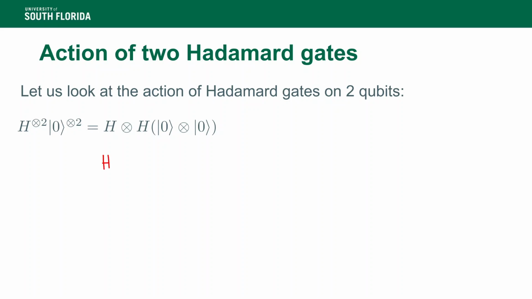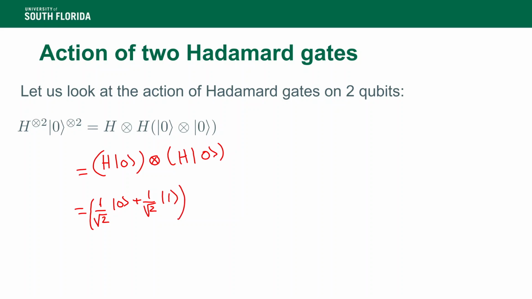I get H|0> tensored with H|0>, and that is 1 over square root 2 times |0> plus 1 over square root 2 times |1>, tensored with the same thing, 1 over square root 2 |0> plus 1 over square root 2 |1>.